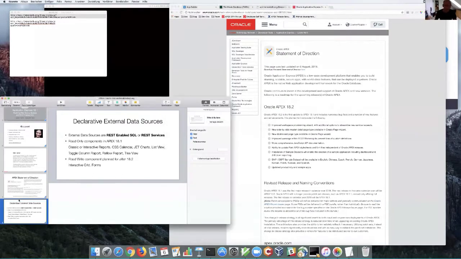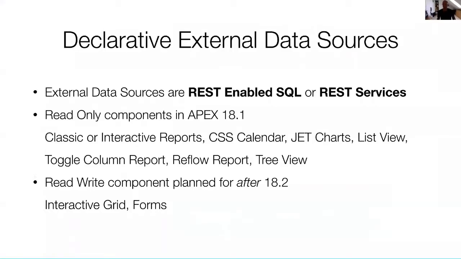Okay, let's now start with today's topics. The title said REST-enabled SQL, RESTful services, but the more generic topic for this is declarative external data sources. So what does that actually mean? It means that for the first time since Apex had been released, you are now able to access data with your Application Express application which is not a table or a SQL query in your local database.